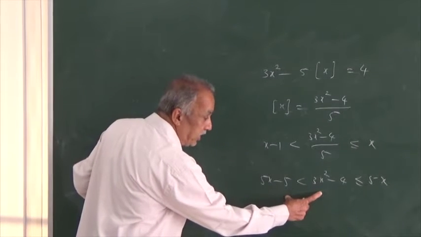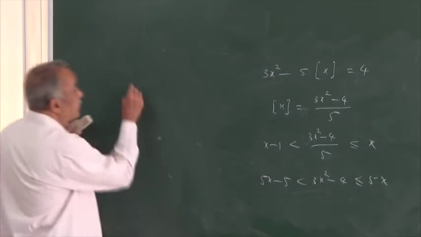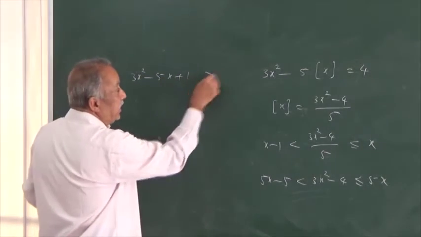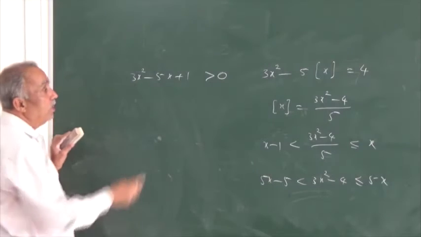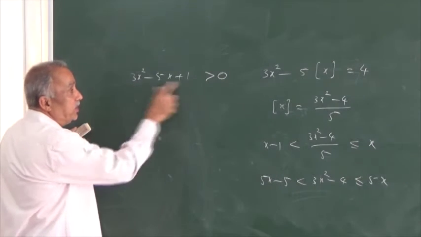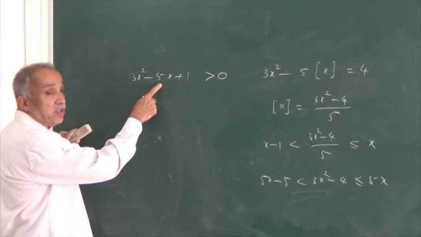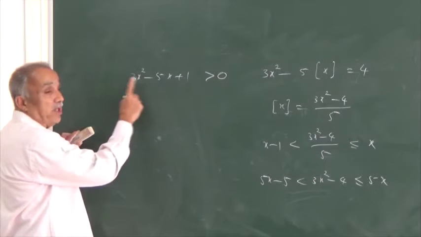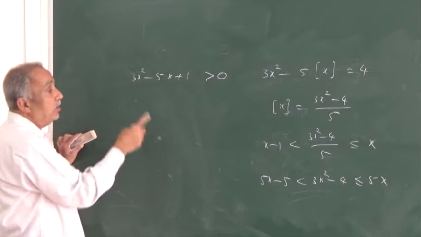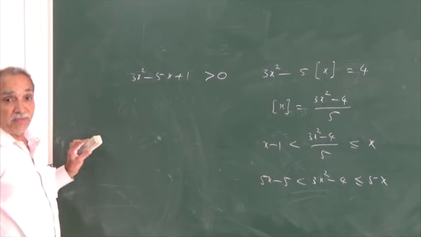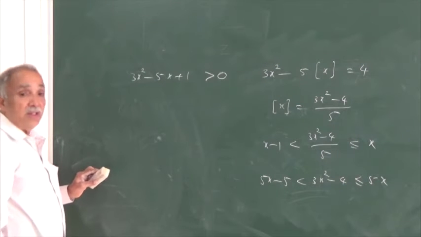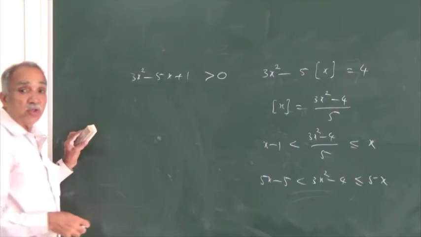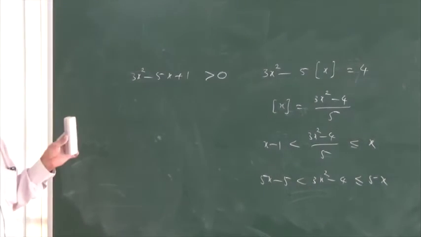Consider this part of the inequality. This means 3x² − 5x + 1 > 0. Consider the quadratic. Is this a factorizable quadratic? The discriminant is b² = 25 minus 4ac, 4 into 3 is 12. 25 minus 12 is not a perfect square, not factorizable. Let me find the roots. Claim that in order to have the expression positive, x must lie outside the roots.